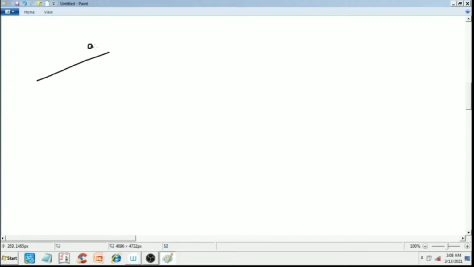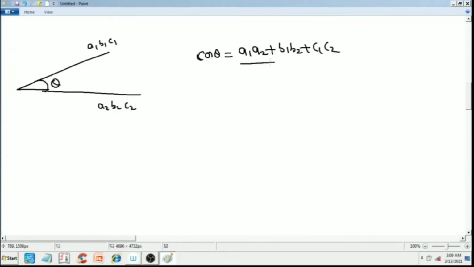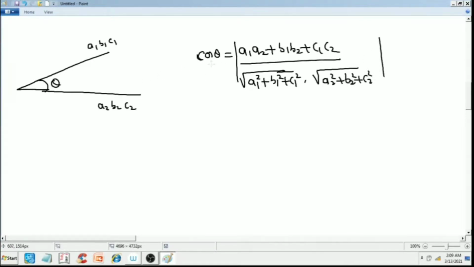Here one line has DRs a1, b1, c1 and the other has DRs a2, b2, c2. Then the angle between them is theta. What is the formula? Cos theta is equal to (a1 a2 plus b1 b2 plus c1 c2) by root over (a1 square plus b1 square plus c1 square) into root over (a2 square plus b2 square plus c2 square), with modulus.